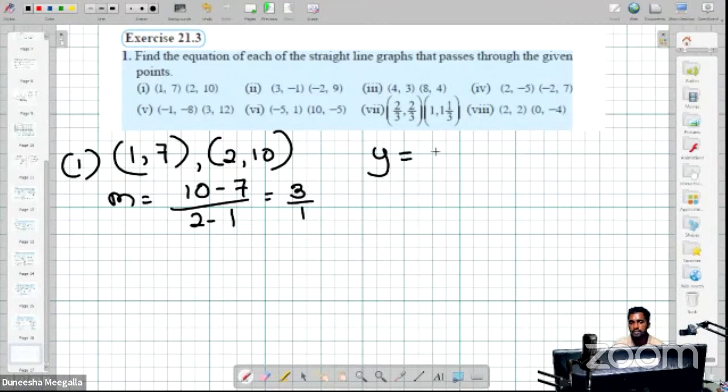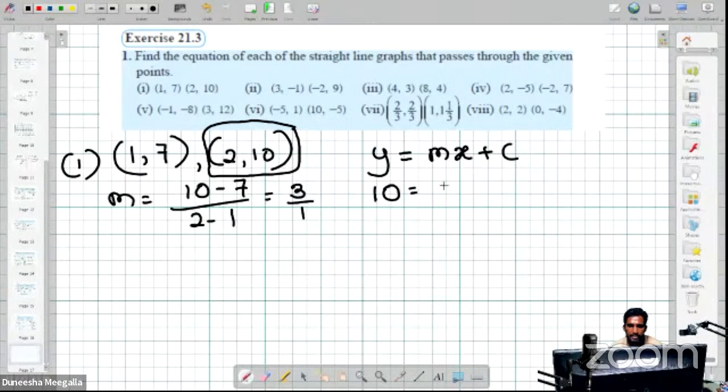What is the form of the equation? y equals mx plus c. Then we take any coordinate we like. Look at what y is. The y coordinate of the one I circled is 10. Then the gradient we found, 3, multiplied by the x coordinate, 2, plus c.